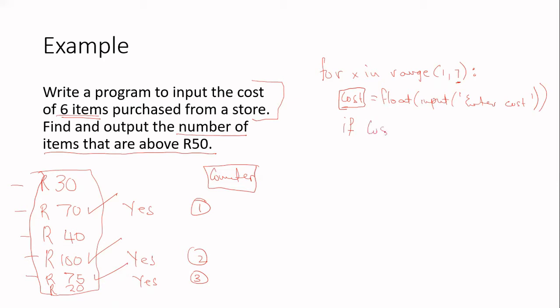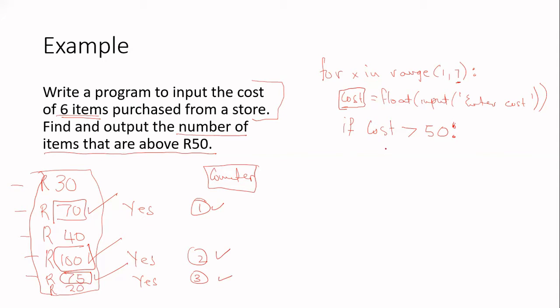If the cost that was input is greater than 50 Rands, don't put the R sign, we don't use units. So is it greater than 50? What do you want to do if it's greater than 50? Remember, when it was greater than 50, I needed 1. Greater than 50, 2. Greater than 50, 3.